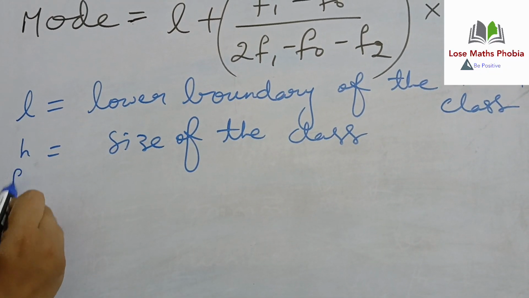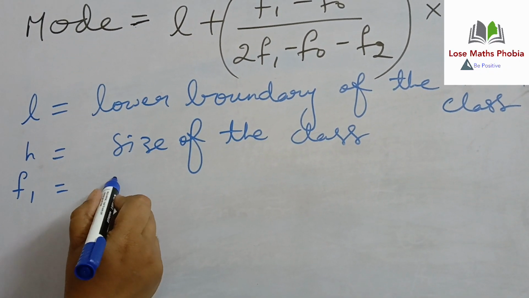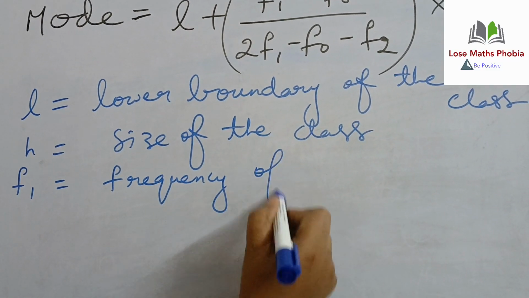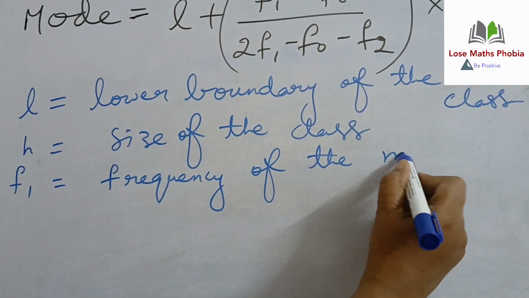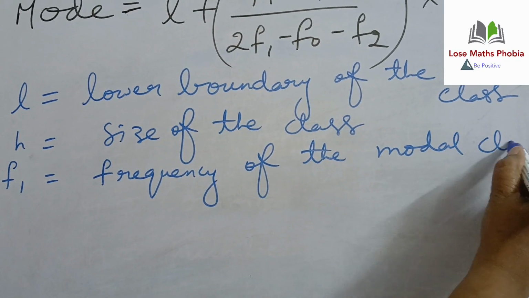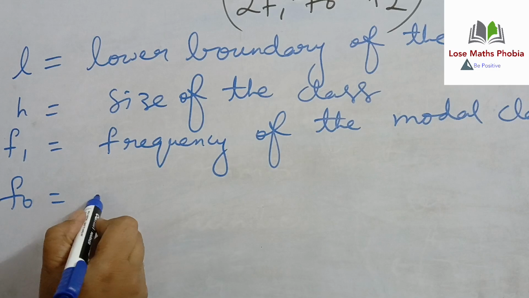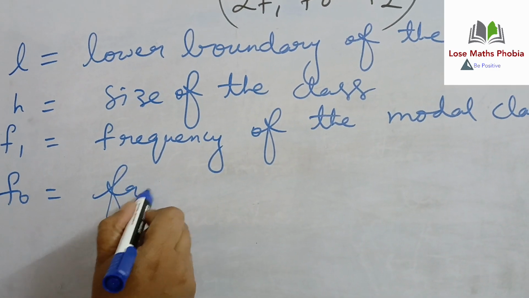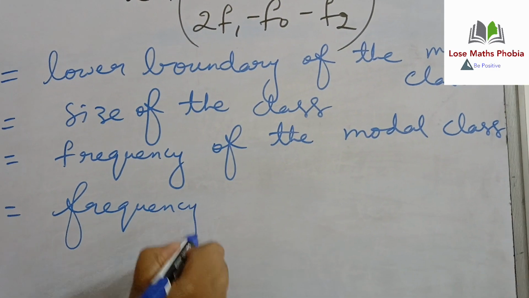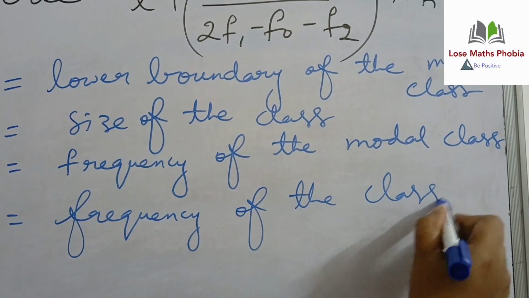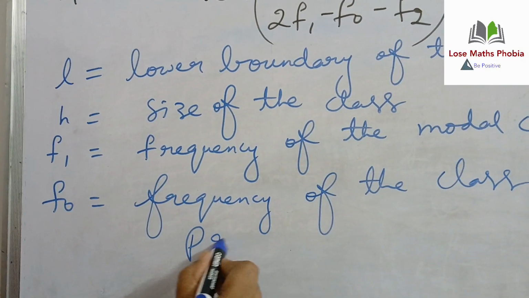Okay, next F1. Frequency of the modal class. You learn spellings also. It's very important to learn the spellings. F0: frequency of the class preceding the modal class.